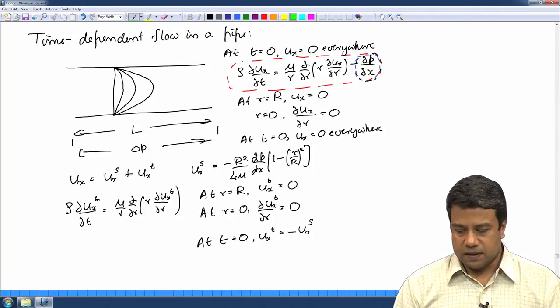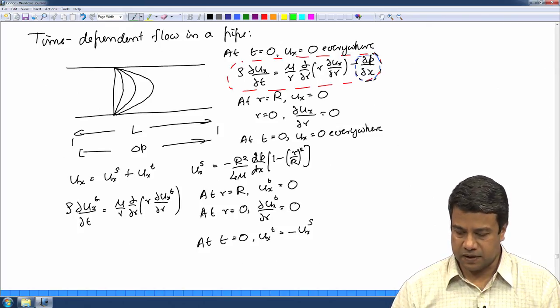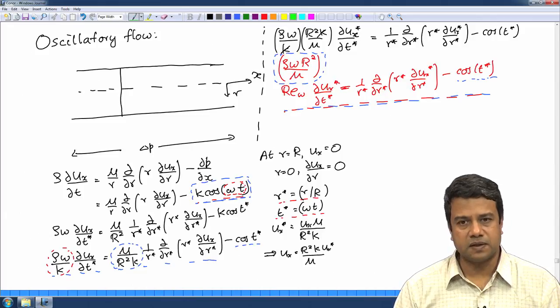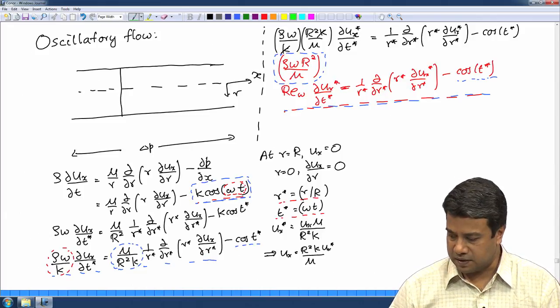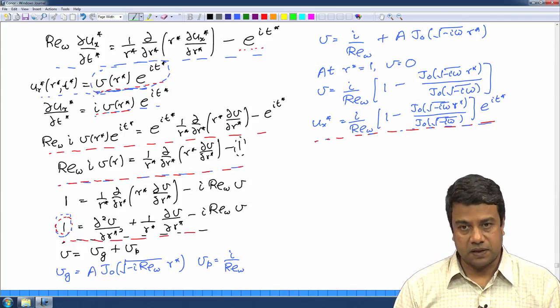And then we were solving the problem of a time dependent flow in a pipe, wherein the pressure varies with time. In the first instance we had looked at a separation of variables procedure which I had briefly sketched for you, because it is very similar to what we had done for heat transfer. And then we were looking at the case of an oscillatory flow.